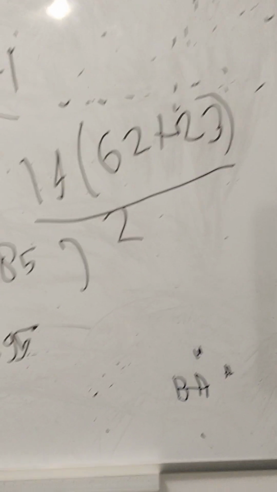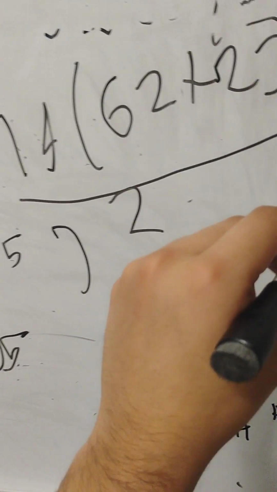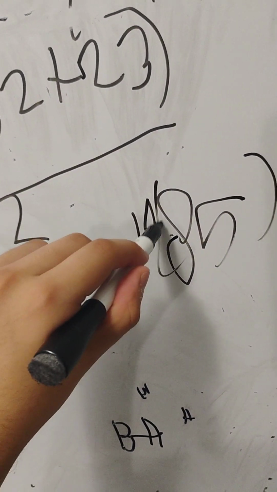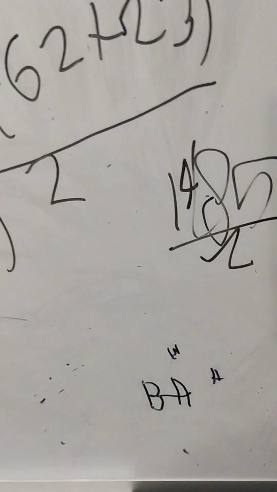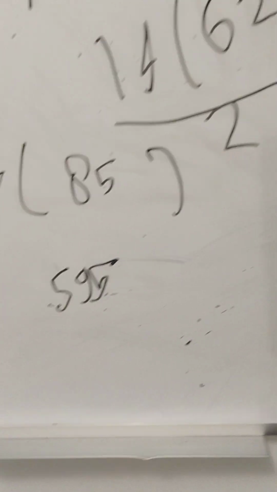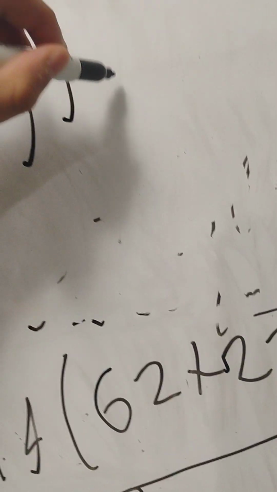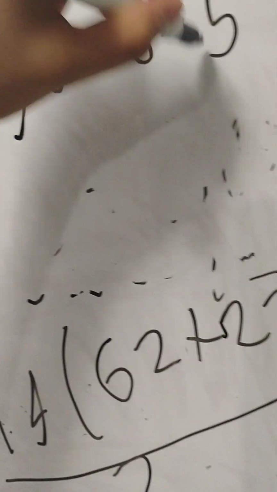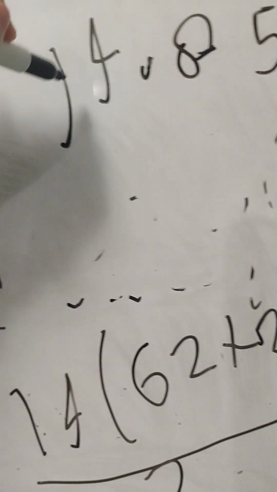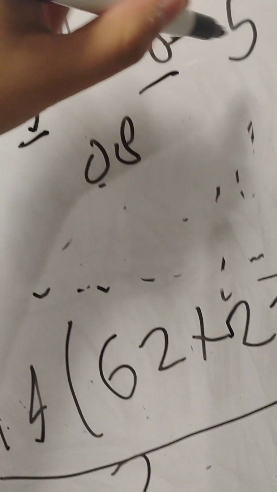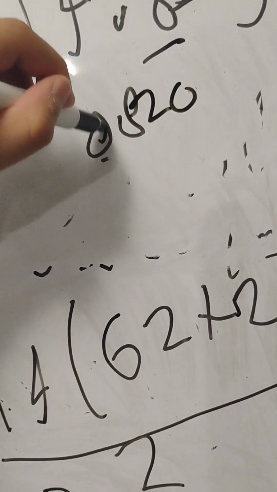For example, we can also do 85 times 14 divided by 2, and it gets 7 times 85, which I just did right now. Or you can do this, we can use Vedic mathematics. If you don't know what Vedic mathematics is, from Vedic literature, we can do this: 0, 8, and 4 times 5, which is 20.